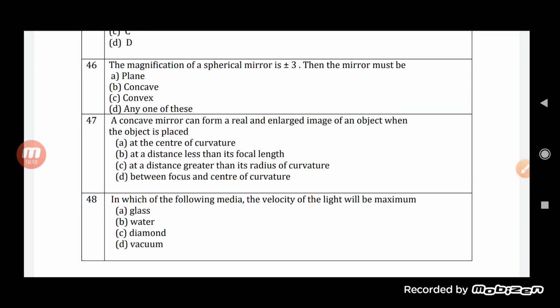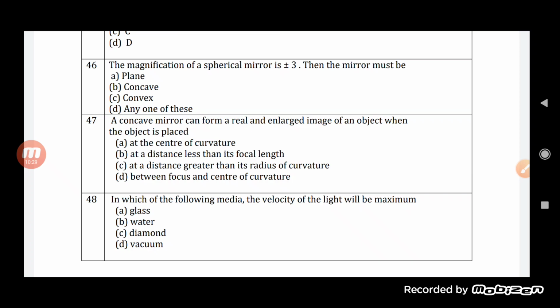Now the magnification of a spherical mirror is given as plus or minus 3. Then what would the mirror be? See here, the magnification of a spherical mirror can be minus 2, it can be plus 2. So what kind of mirror will it be?